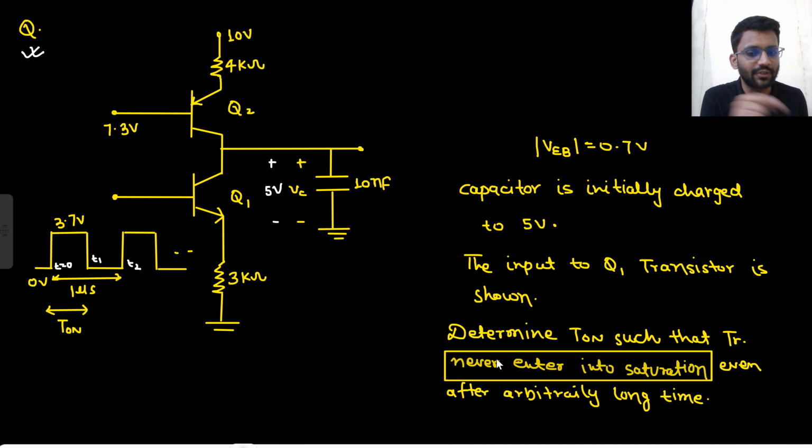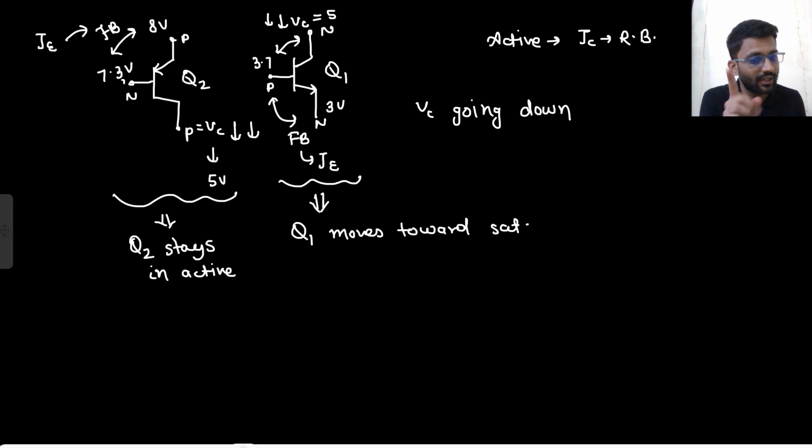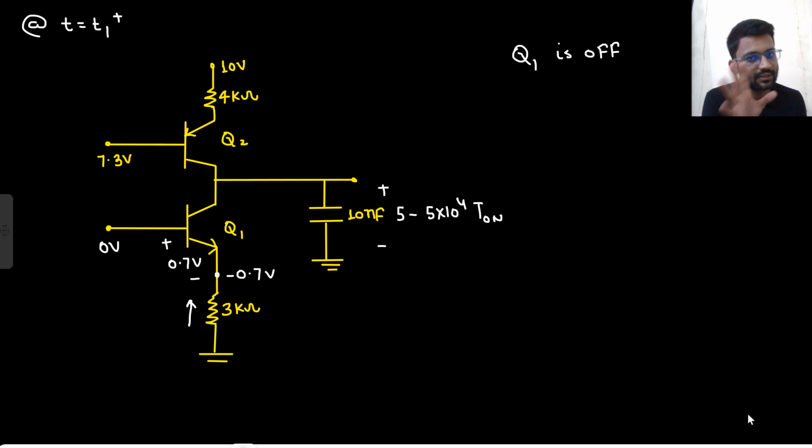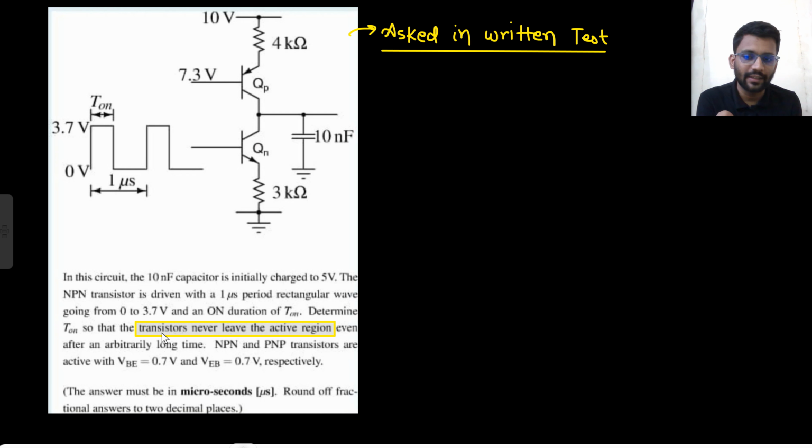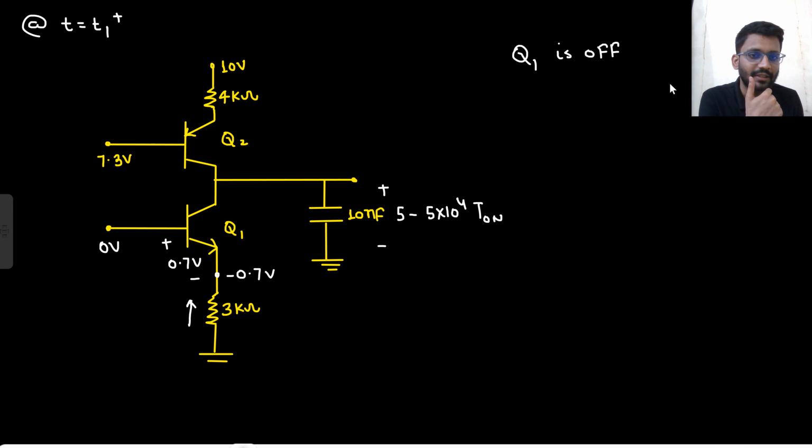Let's get back to the question. Here what did I write? Never enter into saturation region. So cutoff is acceptable for us, since Q1 is never entering saturation. But if I had written that the transistor never leaves the active region, then this condition would not be acceptable, and the question becomes irrelevant.